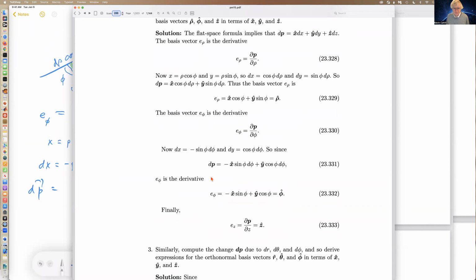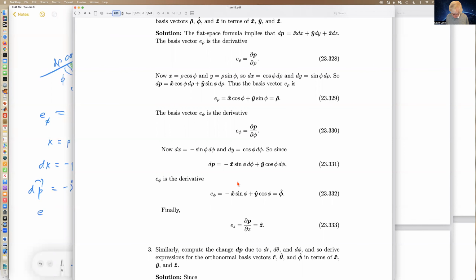And so e phi is just the derivative of p with respect to phi, and so we just cancel out the d phis and we get that phi hat is, so let's see, I don't know if I want to write all this down since we've seen it on the screen, but it's minus x hat sine phi plus y hat cosine phi.